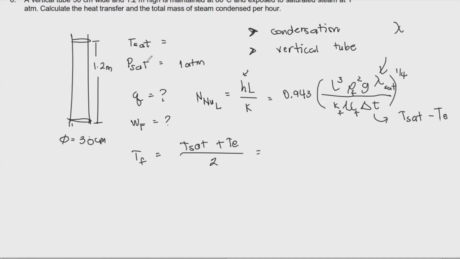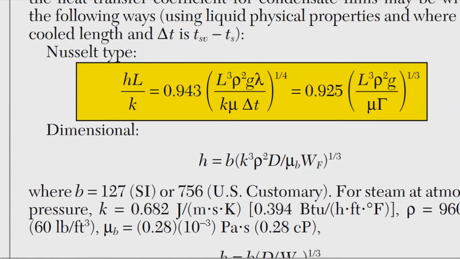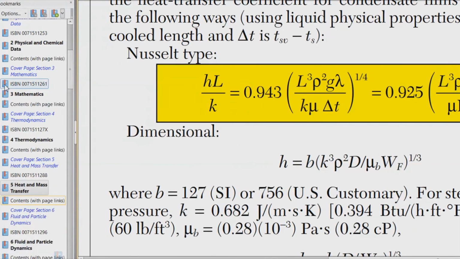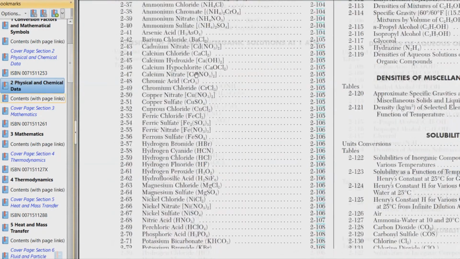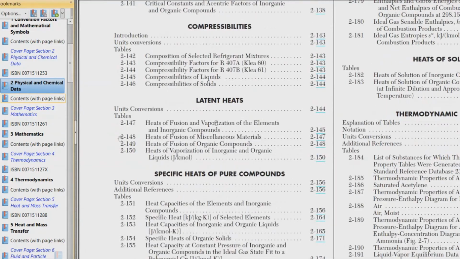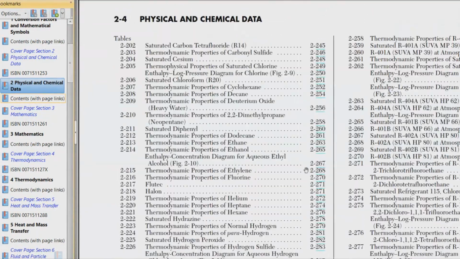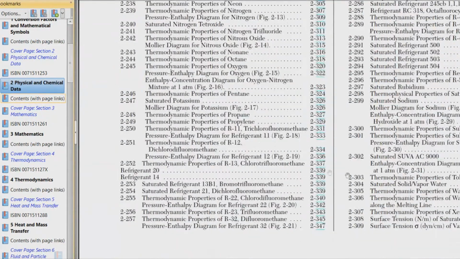And in this case, since I am given the atmospheric pressure, which is the saturation pressure, I just need to go back to the Paris handbook and locate the saturation temperature. So I'll be taking the saturated properties here, and that's actually the very first table that you'll see. Those are the saturated properties already.